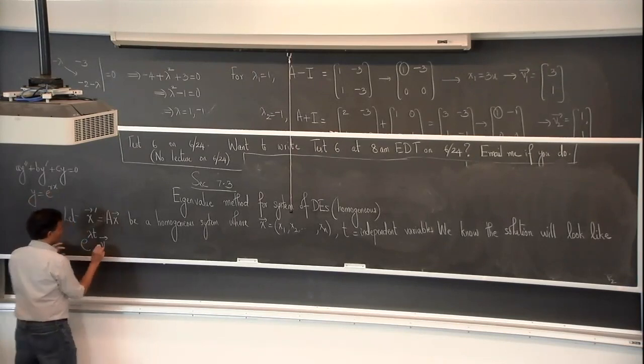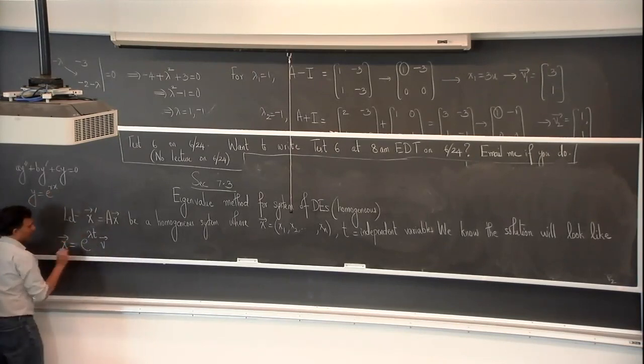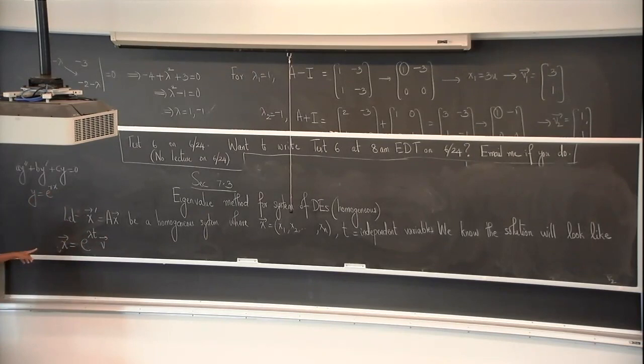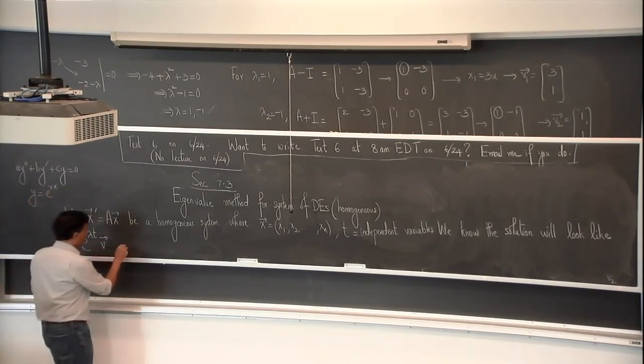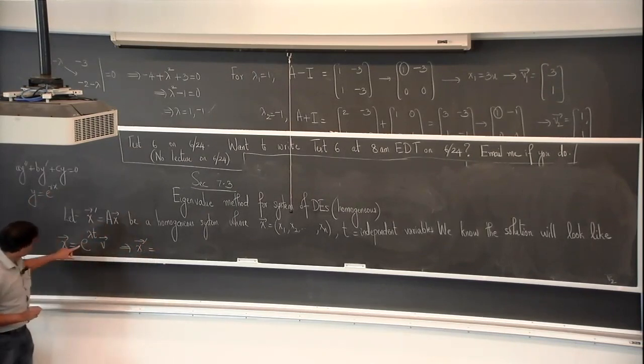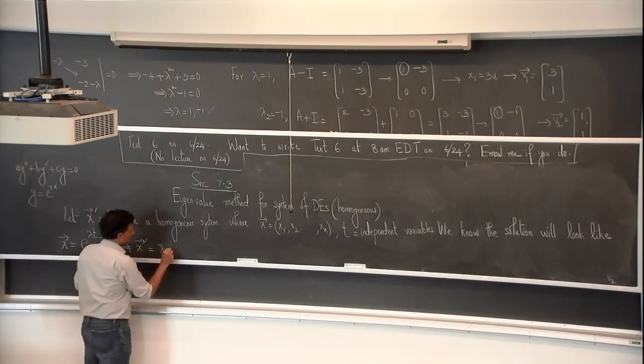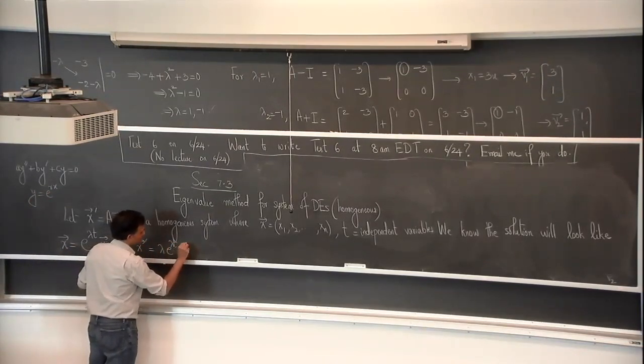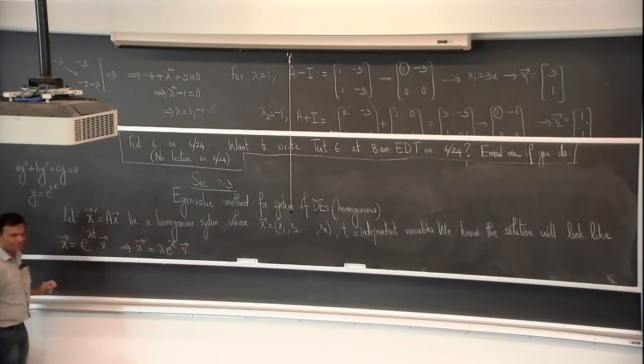So this is going to be your x. The solution of this would be of the form x equal to e to the power of lambda t times v. So x prime, doing a chain rule, lambda is a constant, so it's going to be lambda times e to the power of lambda t times v.